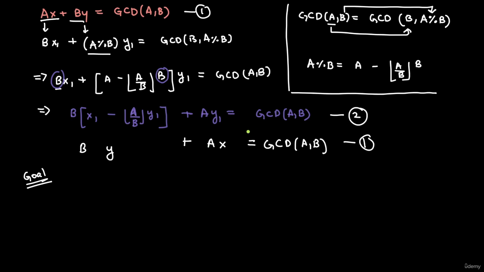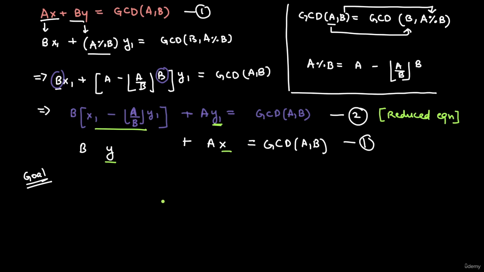Now what you can do is say that in this updated equation, let me call it the reduced equation, you can compare the relationship between this y and this coefficient, and between this x and this y1.